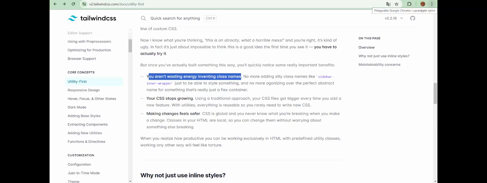CSS, Cascade Style Sheet. Sometimes I call it smart CSS, and I said my students write smart CSS. What does it mean? It means hierarchy.